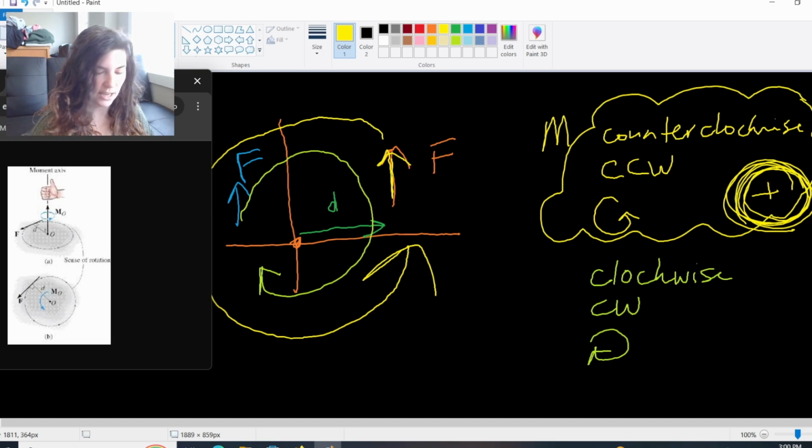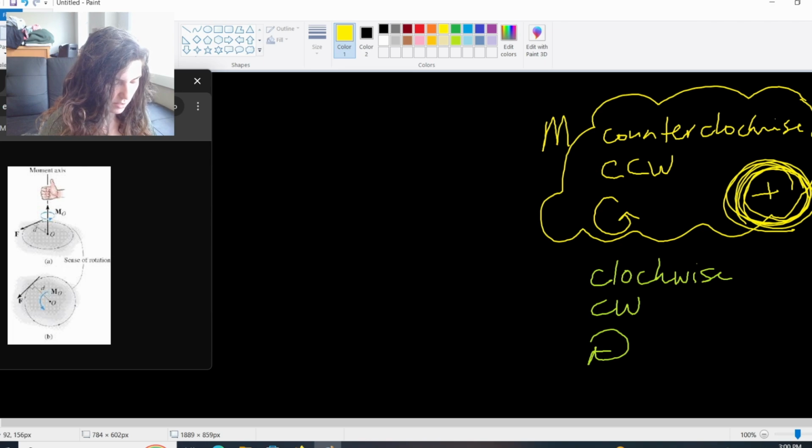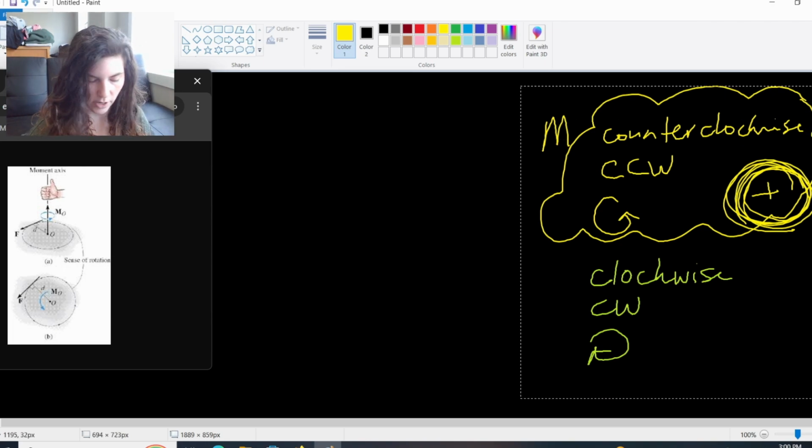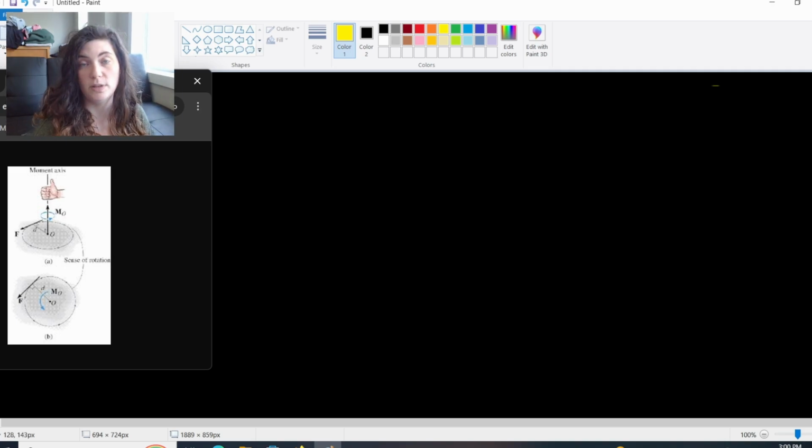So if we were to take, for example, let's look at a system of moments, right? If we had multiple forces, they would give multiple moments added together.